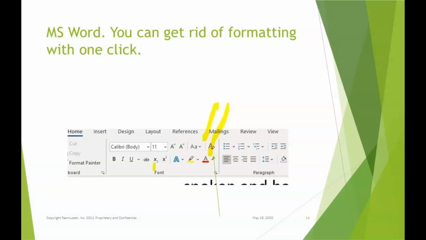Clear all formatting. Oh, okay, I see that. I'll see if I can make this big. I don't know if I can make this big enough, but that is interesting. Yeah, that makes the page bigger, but let's see here.